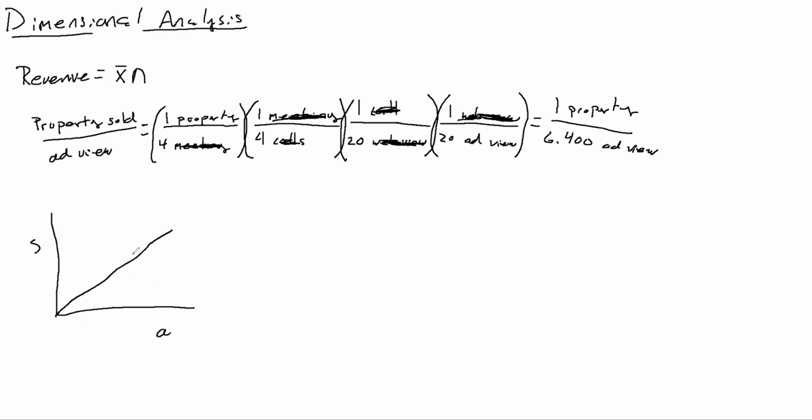I'm going to change this to N instead of S, so the number of properties sold. If you want to get 10, based on the math that we just did, if you want 10 properties sold in that given year, you'd have to advertise to not 6,400, but 64,000 people.